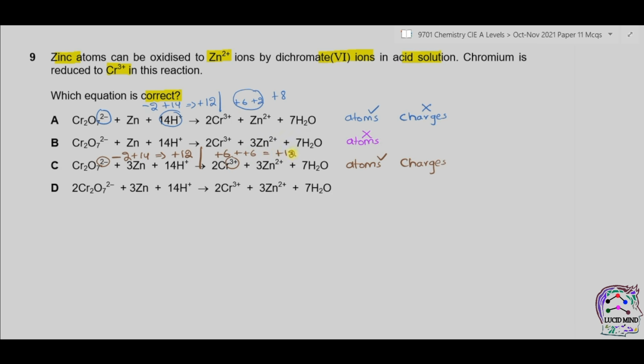So in total we have +12 charge on the product side. So the charges on the reactant and product side are balanced. Now let's look into part D. We have 4 chromium atoms on one side and 2 chromium atoms on the product side. So atoms are not balanced. So the equation in which both atoms and charges are balanced is C.